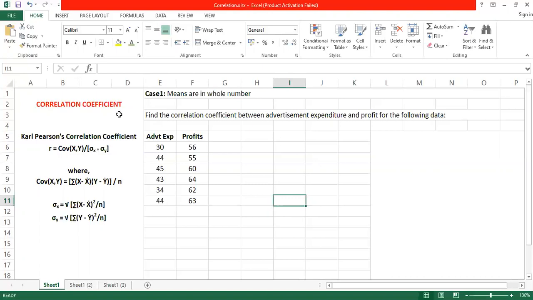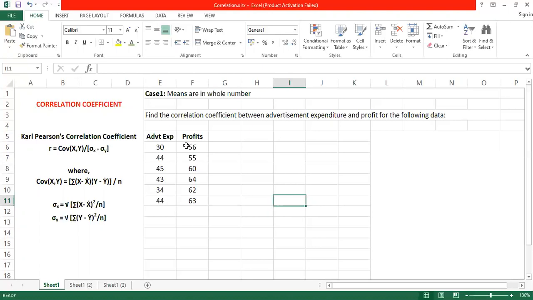So correlation coefficient is calculated for bivariate data. That means you will have two values. Here we have two variables, advertisement expenditure and profit, and correlation establishes a relationship between these two variables. At the end of the solution, it will help us to comment whether these two variables are related to each other or not.